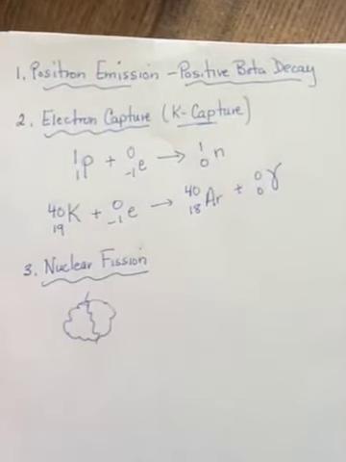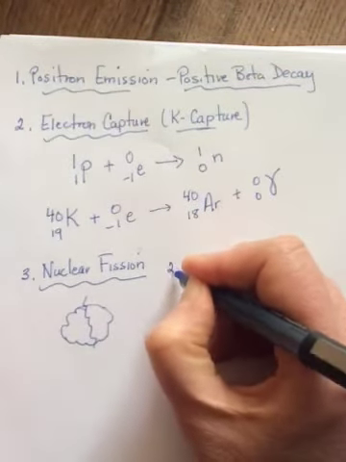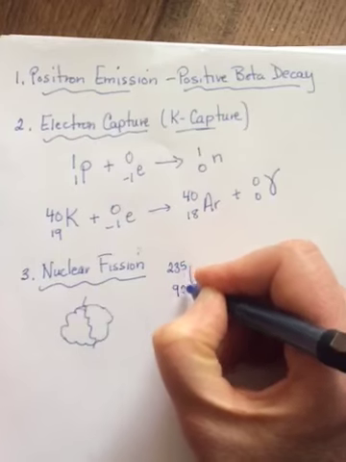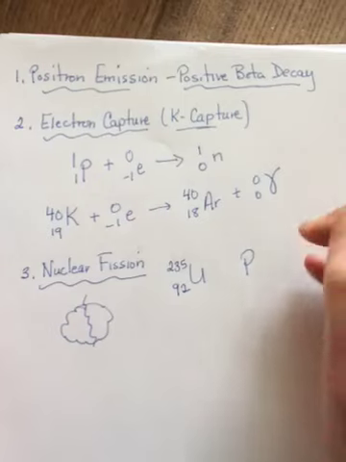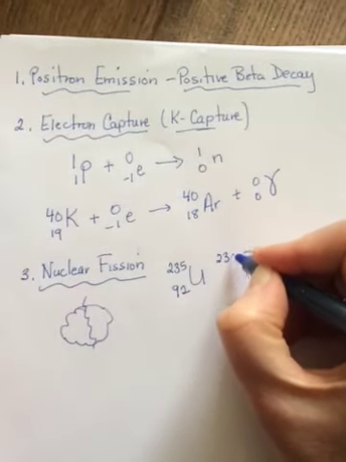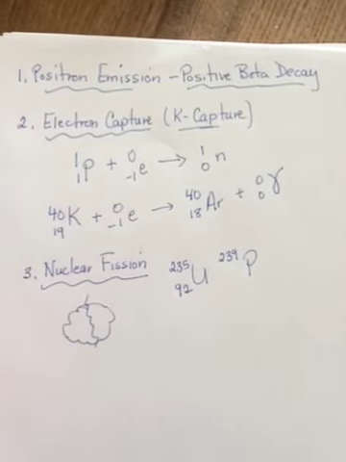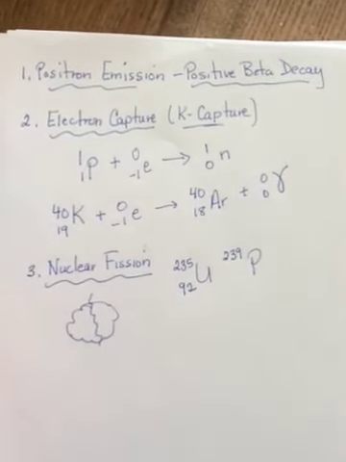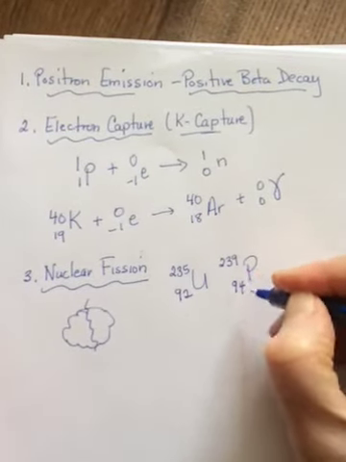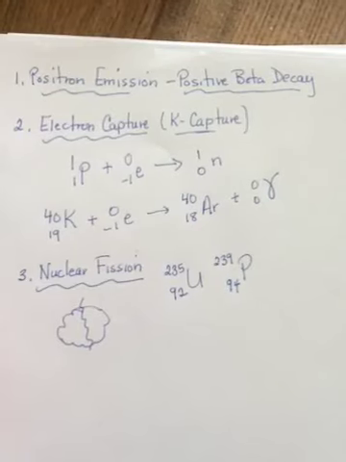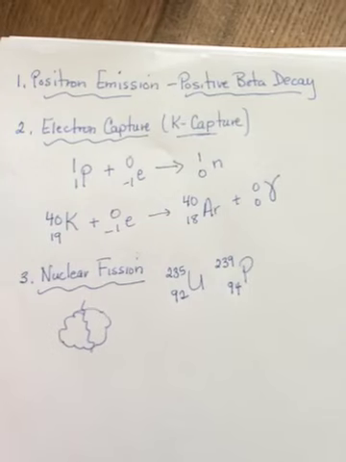The two most common are uranium-235, and uranium is 92, and plutonium-239, and plutonium is, I want to say 94, but I better check it before I say that. It is 94. These are the two most common elements or isotopes of elements that are used in nuclear fission.